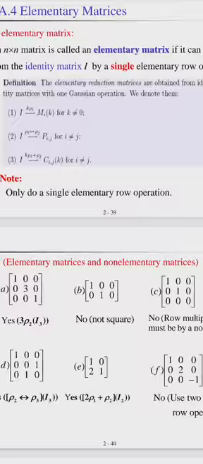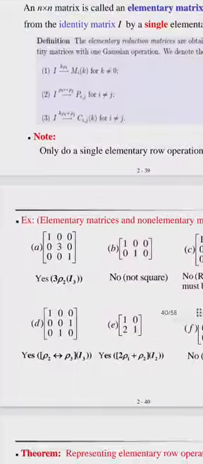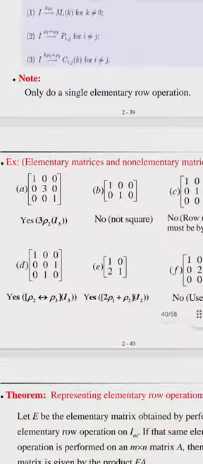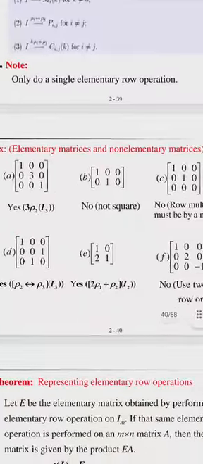Then, an elementary matrix involves only a single elementary row operation. Now for an example of elementary matrices and non-elementary matrices.